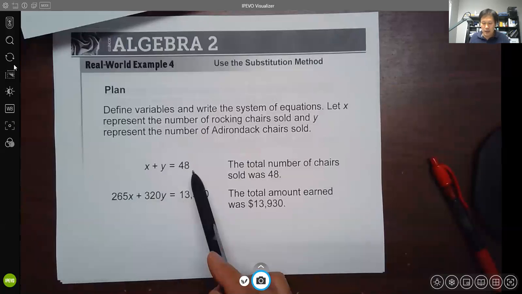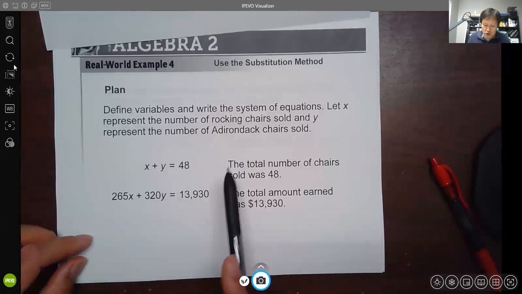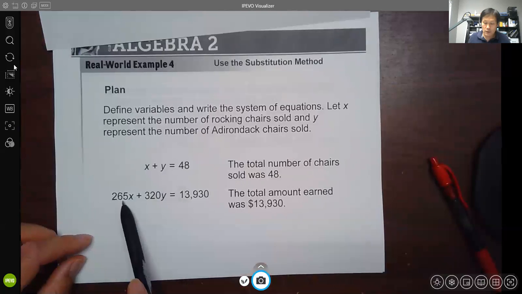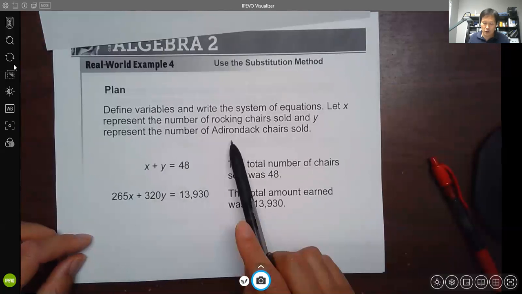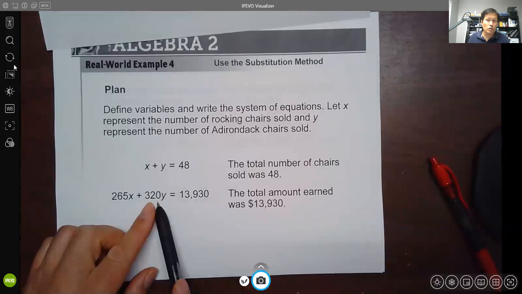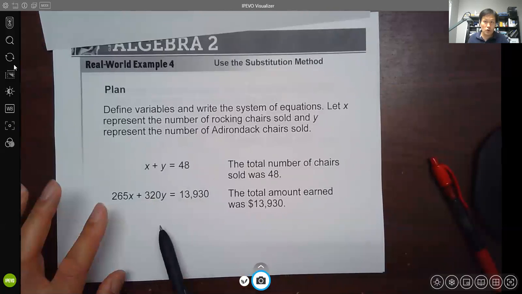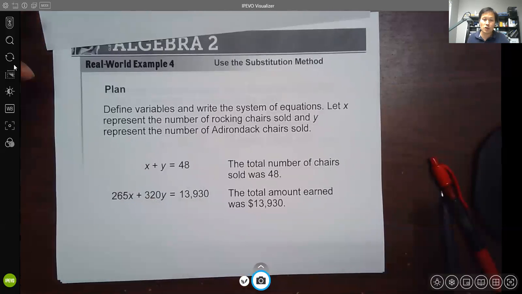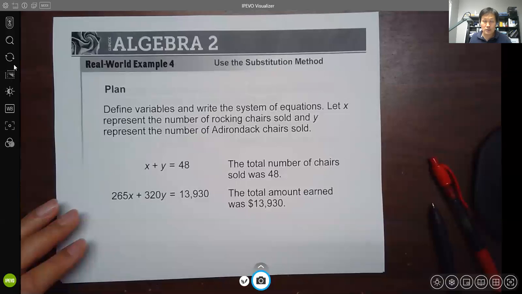Total money they made was $13,930. One rocking chair costs $265, and one deck chair costs $320. So you set up this much money plus this much money, all together it's the total amount of money. That's how you set it up. Solve for x or y.